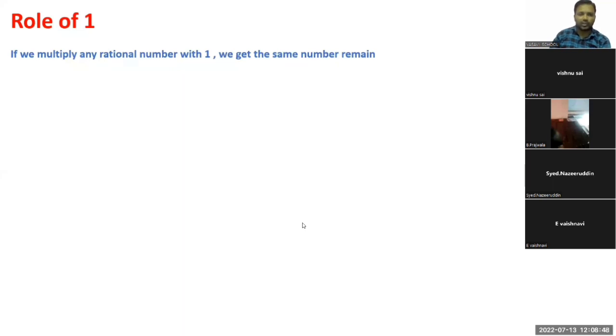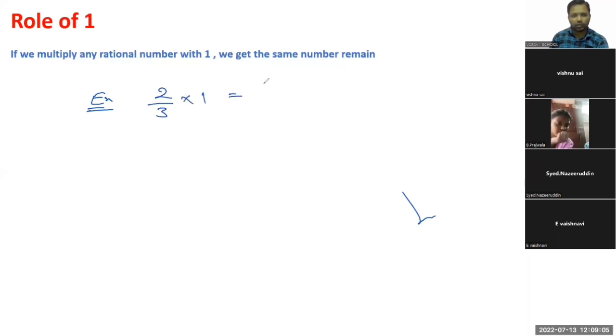See, I am going to take an example of a rational number. I am going to take 2 by 3 as a rational number. So when you multiply 2 by 3 with 1, how much are we going to get? We are going to get 2 by 3 as the result. Or else, if you multiply 1 with 2 by 3, how much are we going to get?